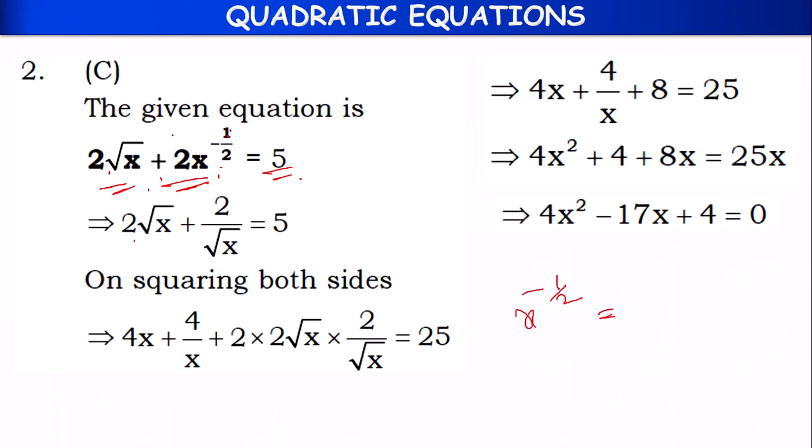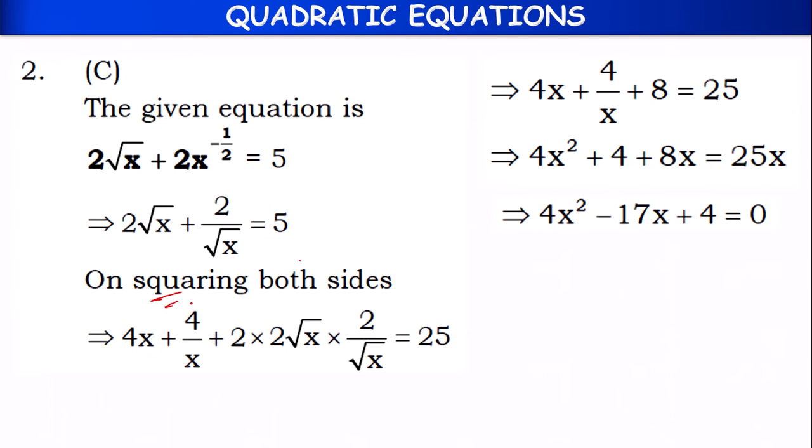Whenever we have a negative sign in the exponent, we can write it as 1 by x power 1 by 2, making the exponent positive by moving it to the denominator. But x power 1 by 2 is nothing but root of x, so 1 by root of x. So 2 root x we keep as it is, and 2 into x power minus 1 by 2 can be written as 2 by root x, equal to 5.